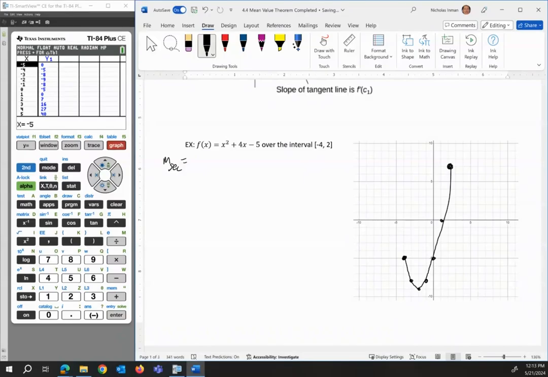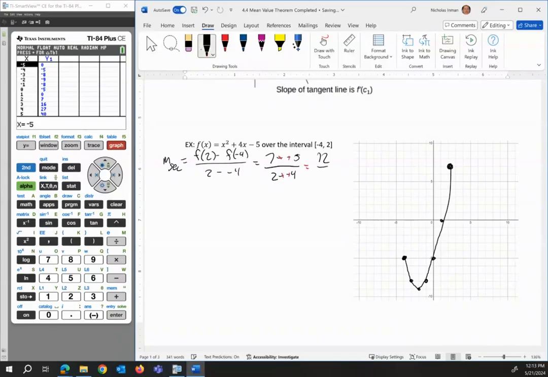To find the slope of the secant line, we do f of 2 minus f of -4, over 2 minus -4. The value of the function at 2 was 7. The value of the function at -4 was -5. Minus negative turns to positive.